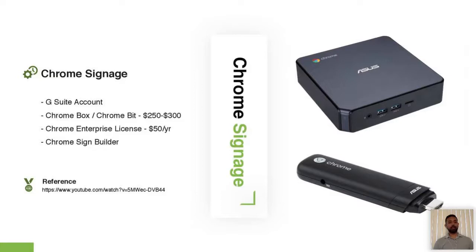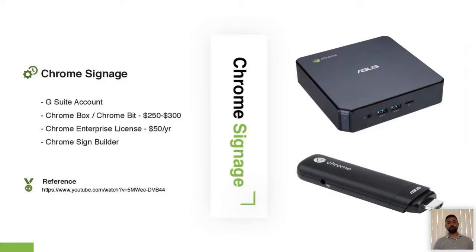And the Chrome Enterprise license: there is a cost involved, because to manage all the software that I mentioned in the previous slide, the content management system, or to regularly update the operating system on the device, there is a cost. That's why they are charging us the enterprise license. That's $50 per year.